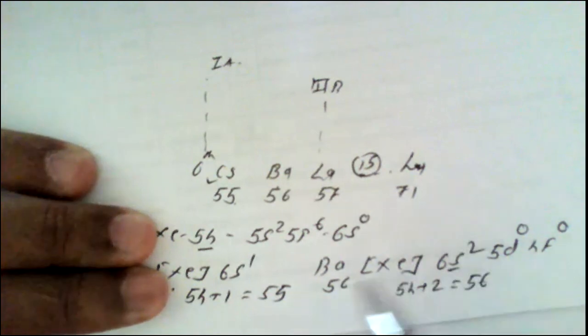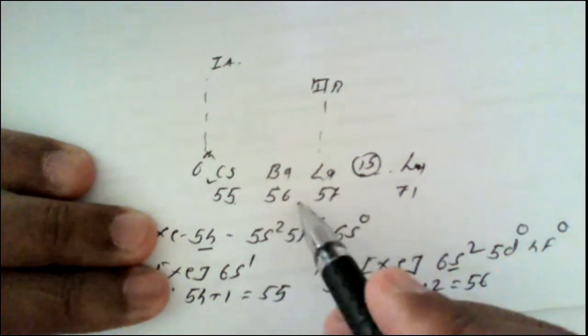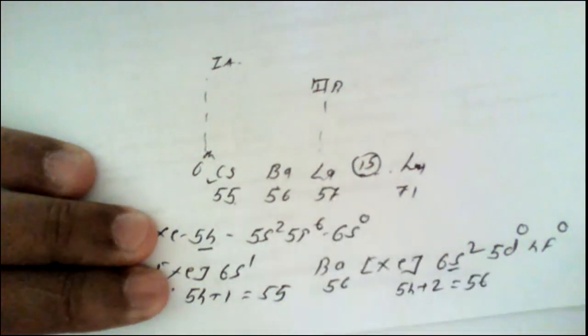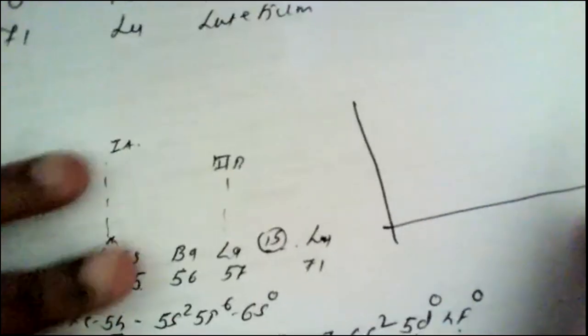Now the 57th electron after barium may enter into 5d or 4f. For this purpose, I would like to show you an energy diagram of all these three orbitals.